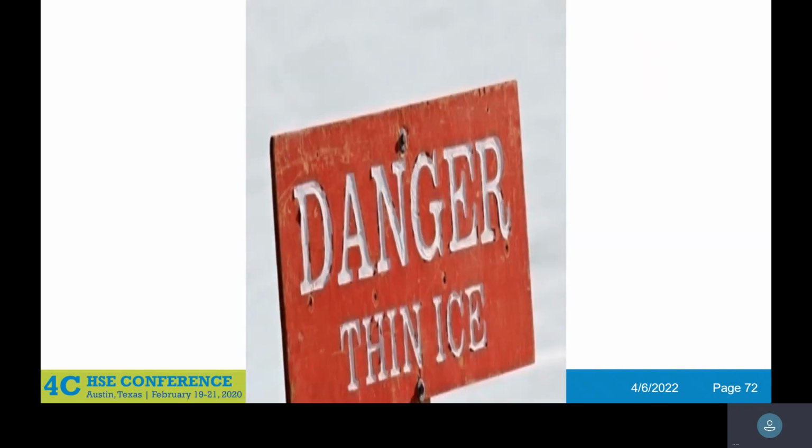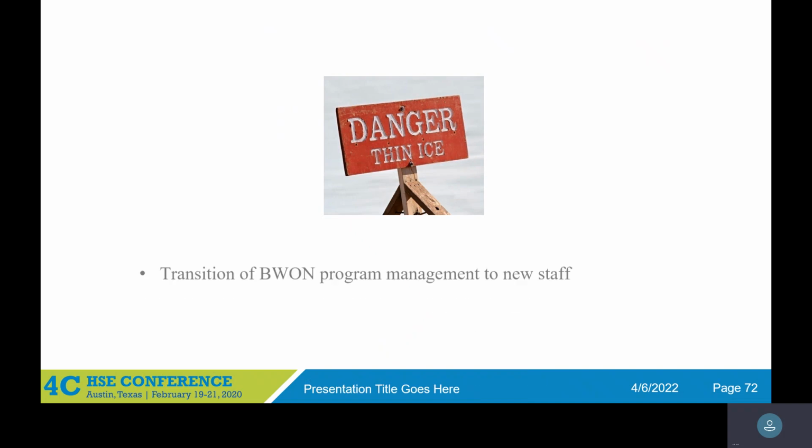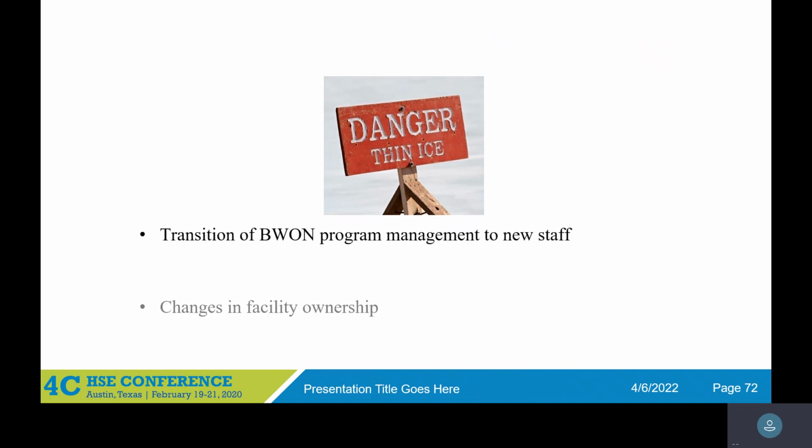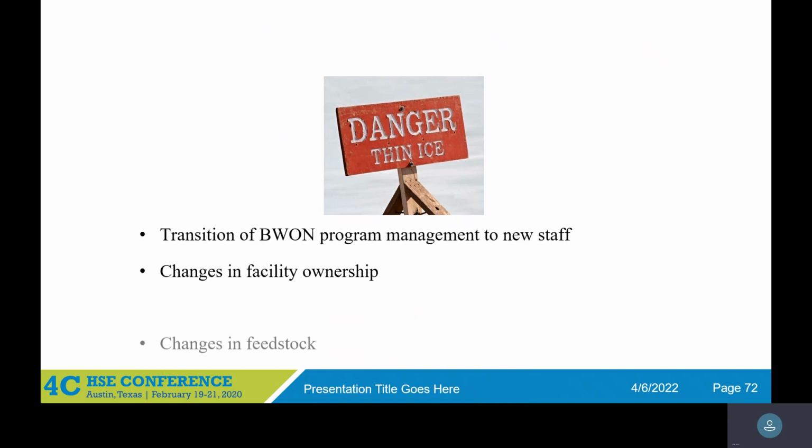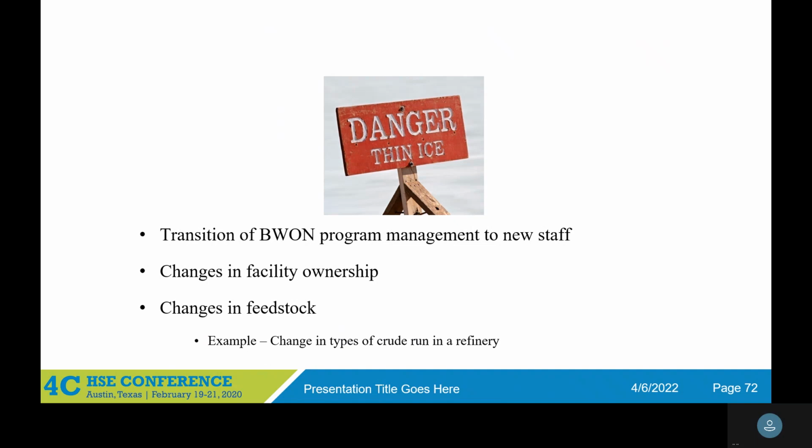I think that the danger zone is when there's new B1 staff, changes in ownership, or changes in feedstock. That happened to us in Texas when we hit the Eagle Ford crude, just an hour south of here. They have all those crudes that are really light crude.